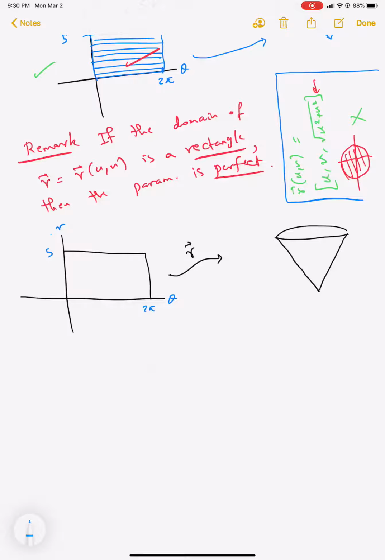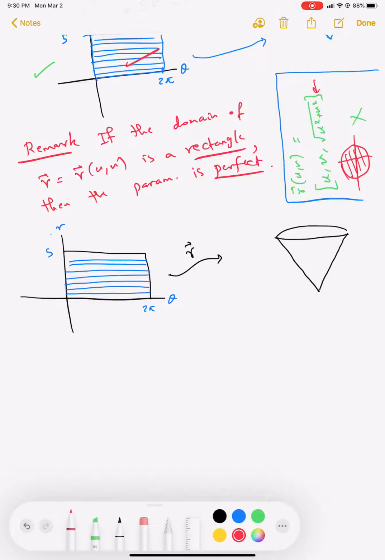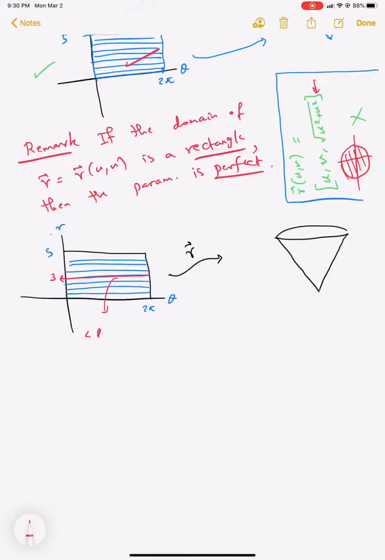If you take horizontal lines from the rectangle, let's take a specific line. For example, this one, let's say it corresponds to r equals 3. But for this, theta is still ranging between 0 and 2 pi. So if we take the image of that line, r is 3, but theta is a variable.